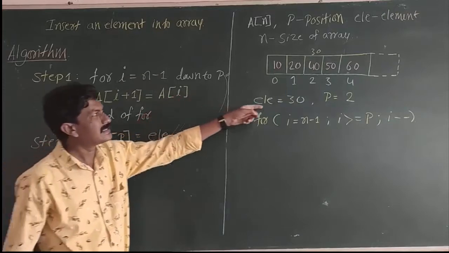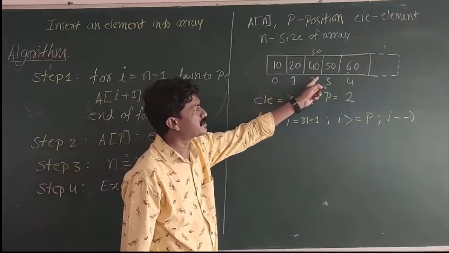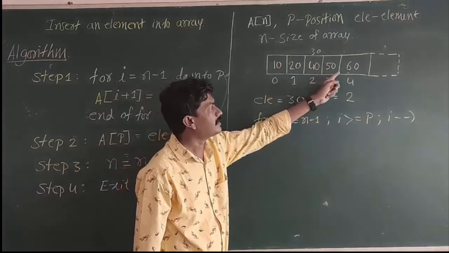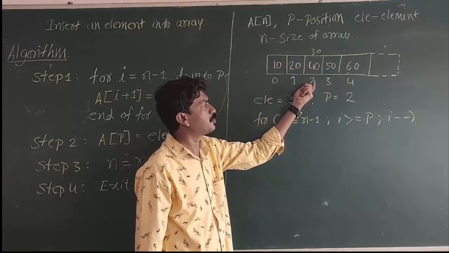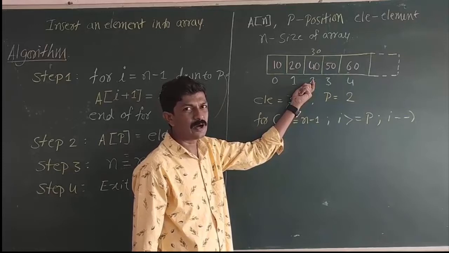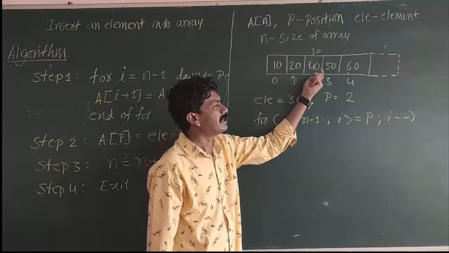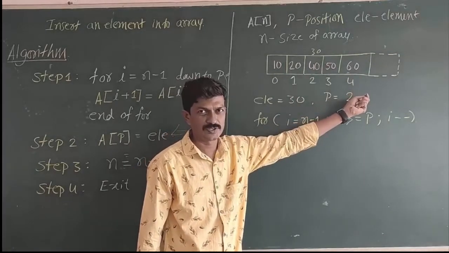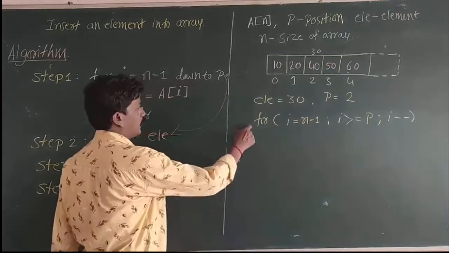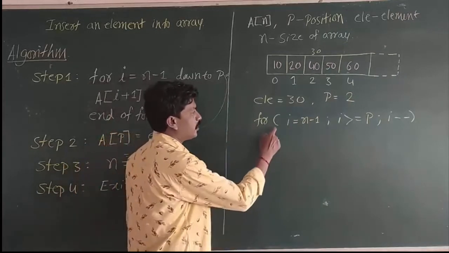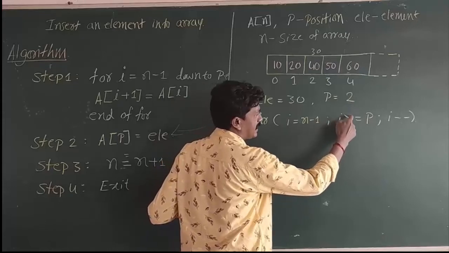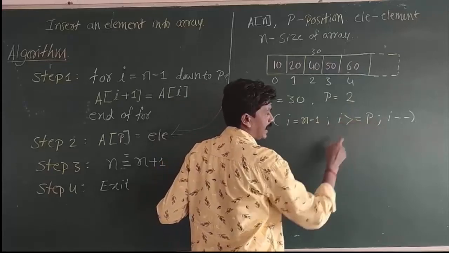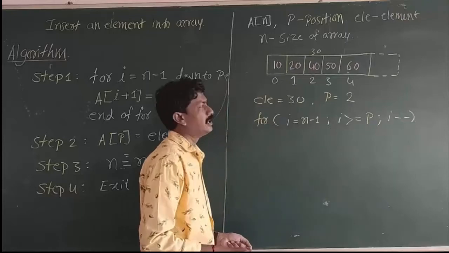If you want to insert at a particular position, I need to shift all these elements, meaning the elements occurring from that position should be shifted to their next positions. For that we require a for loop: for i equal to n minus 1, i greater than or equal to p, i minus minus.